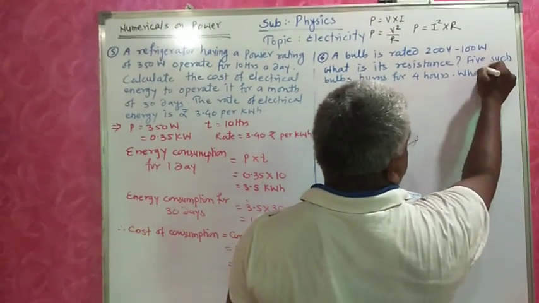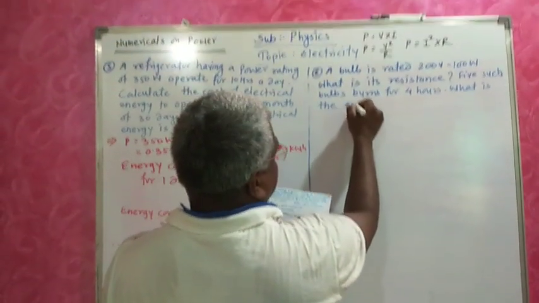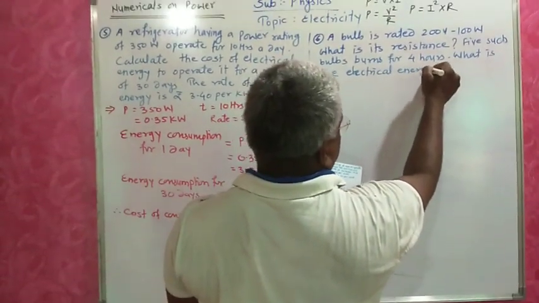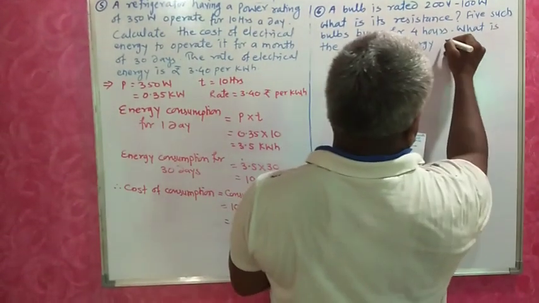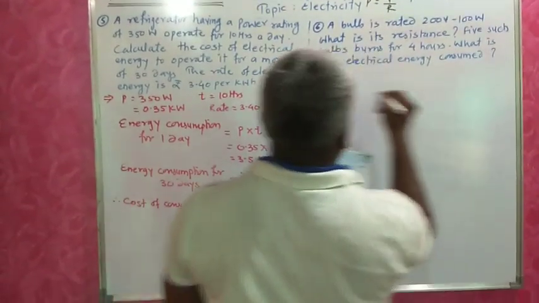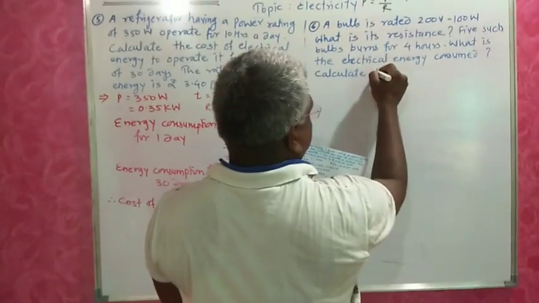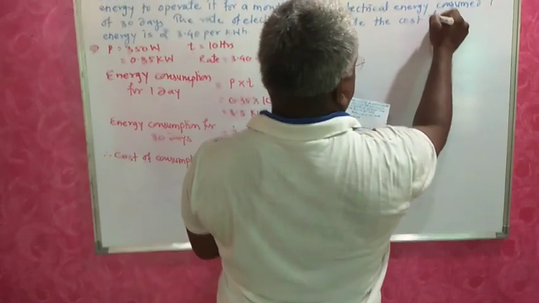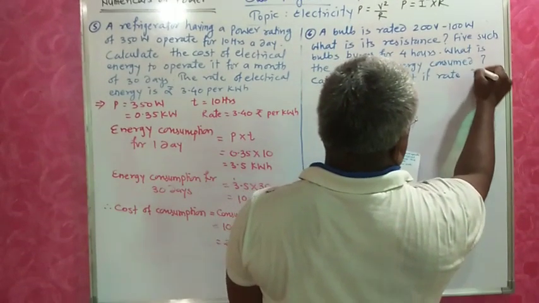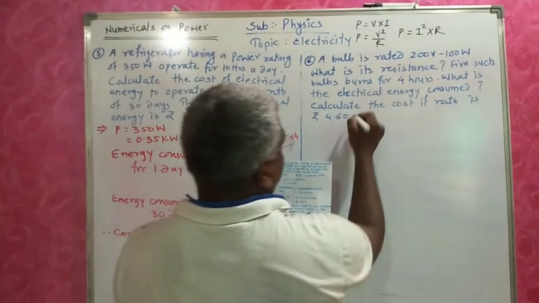What is the electrical energy consumed? Calculate the cost if the rate is rupees 4.60 per unit.